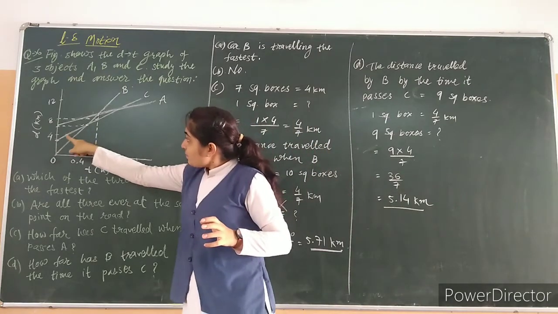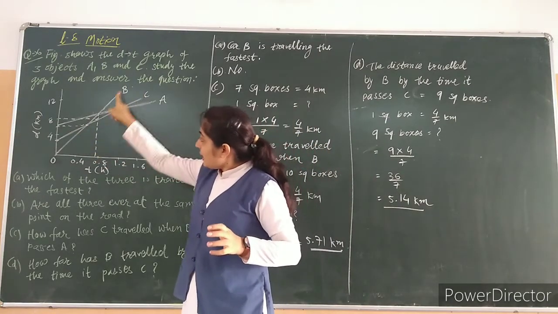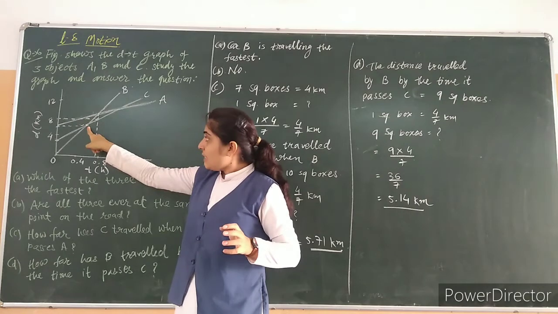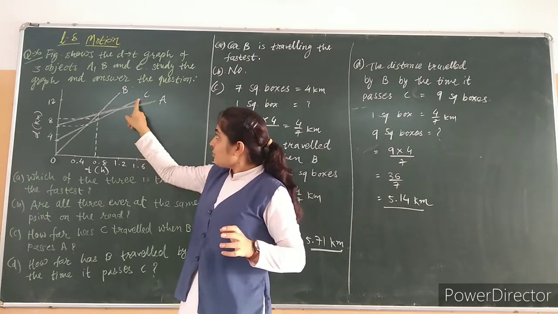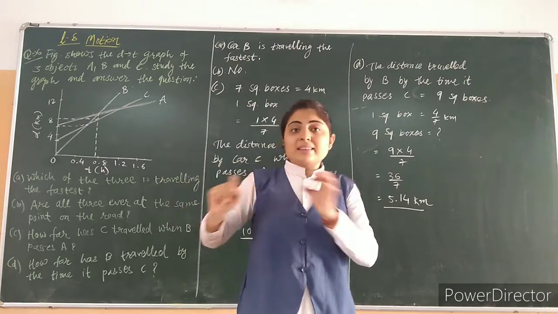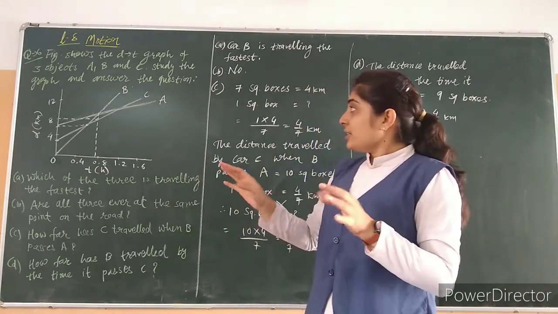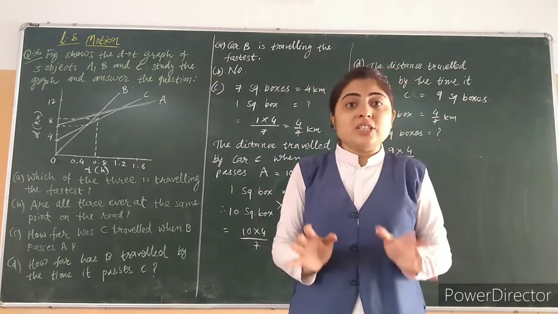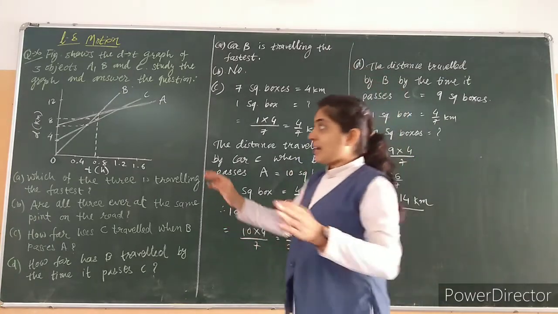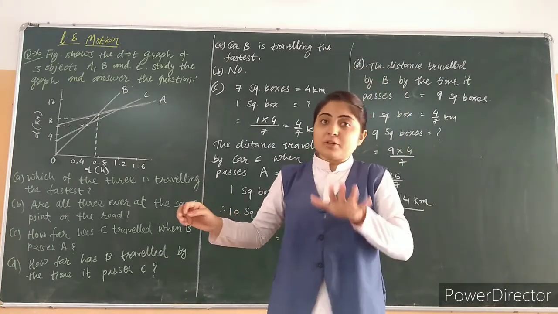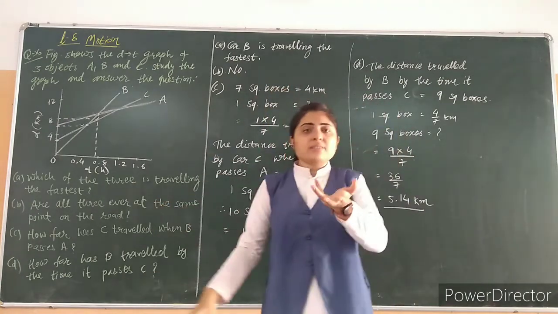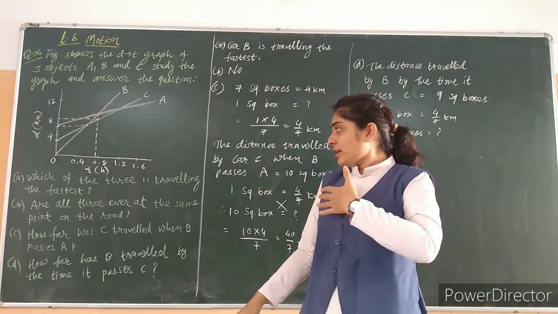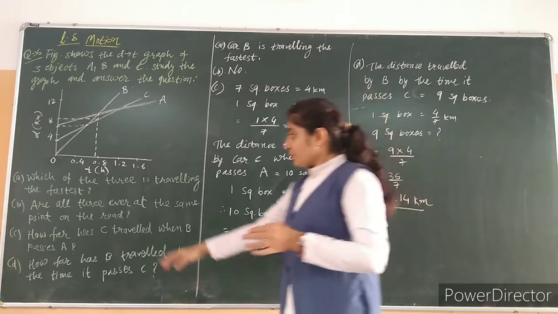At this point, the graph of C and the graph of B meet. So B and C meet here. At this point, A and B meet. At this point, A and C meet. But at any other point, there is no point where all the 3 lines meet. Okay, it means that these 3 objects never meet on the road. So no, all objects are not meeting at any point on the road.